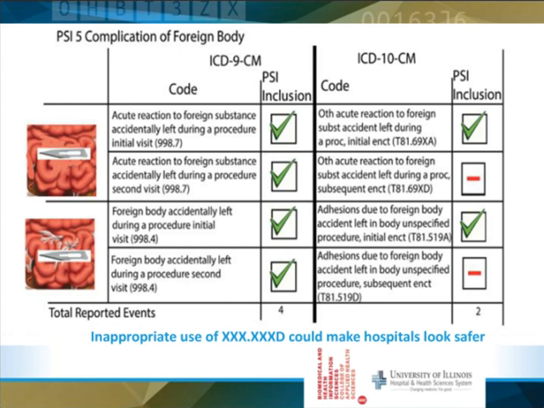So if coders or doctors or hospitals accidentally use D and your patient safety indicators start looking better, people actually have to go back and dig in to say, hey, wait a second, we're not this safe. And so the actual appropriate coding, again, we have 80,000 codes, you need to make sure to use A, initial encounter, if the purpose of the visit is the foreign body.